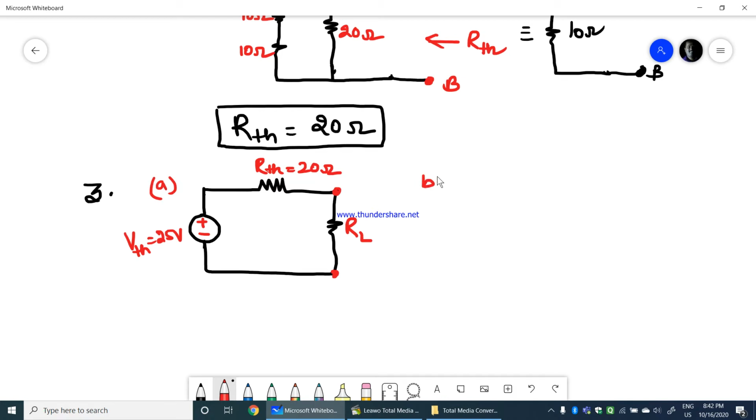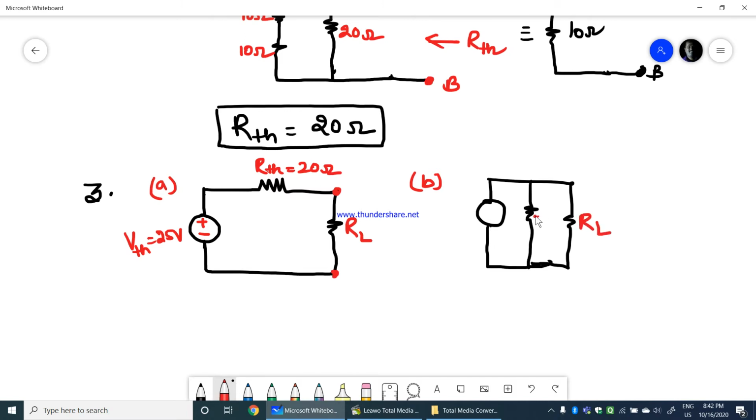Now coming to the second part of the question: find the Norton's equivalent circuit. I told you if you apply source transformation to Thevenin's equivalent, you get Norton's equivalent circuit. So I have a current source in parallel with the resistance and that in parallel with the load RL.